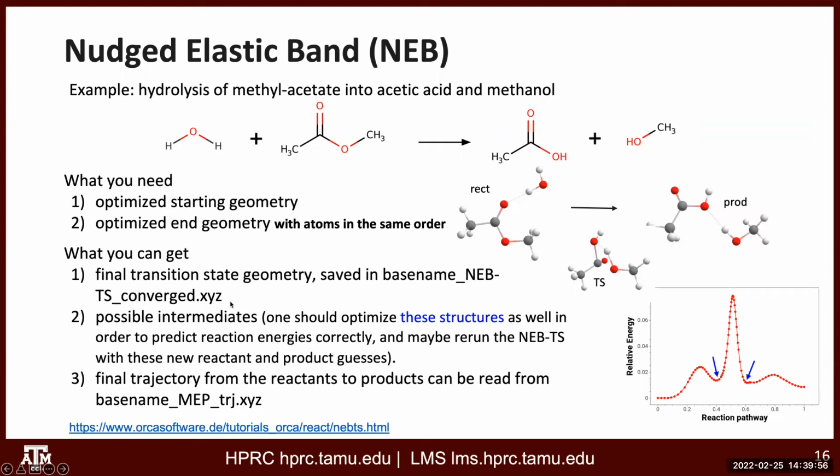And what you can get from the NEB-TS calculation is the final transition state geometry. Like in the ORCA output file, it is saved as the NEB-TS converged XYZ. And you may get possible intermediates during the NEB.